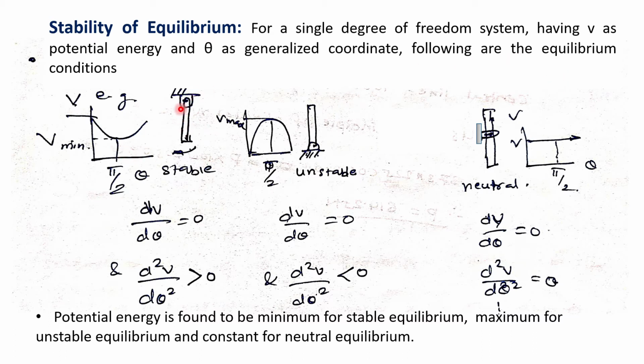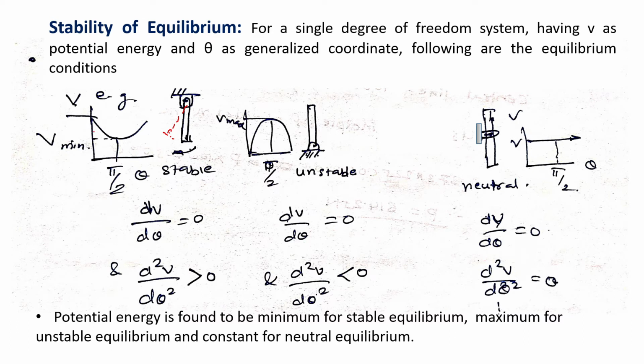Now we have a system here, a rod pin-jointed at a support and suspended at another end. If we give the generalized rotation, generalized coordinate theta, what will happen? It will acquire another position at some angle theta. We know the definition of potential energy, by virtue of its position.